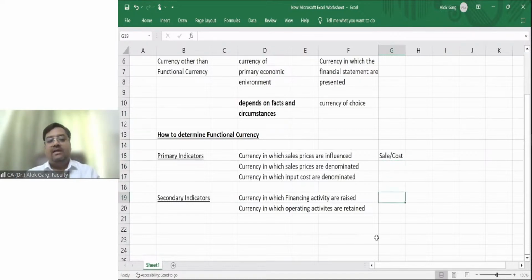In the secondary indicator, we have talked about the financing activity, which is equity, debt, and maintaining the cash, not residual. Is that clear, guys? Shall I move on?